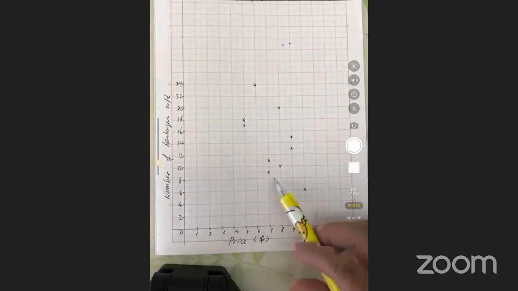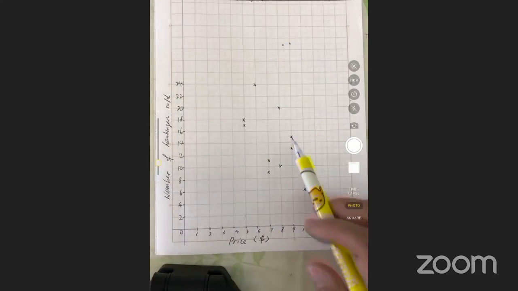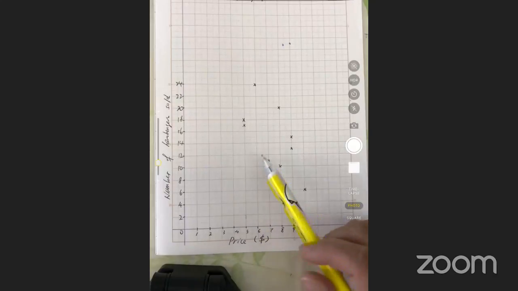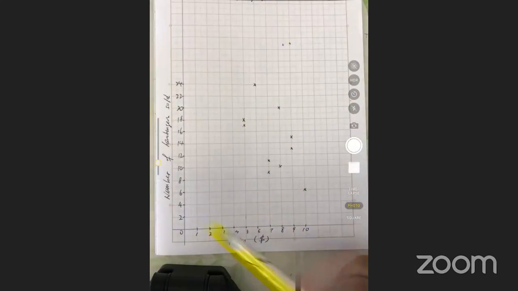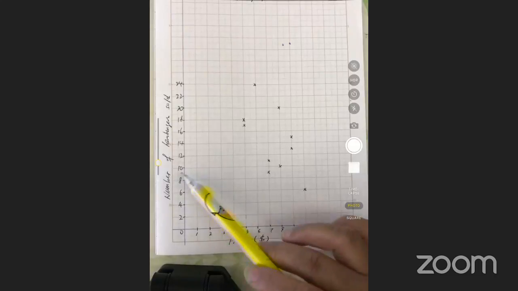We just see how these points are located in the diagram, and see whether we can get any information. This one is called a scatter diagram. Usually when we have a diagram like that, we will look to see whether there's some kind of relation between these two.